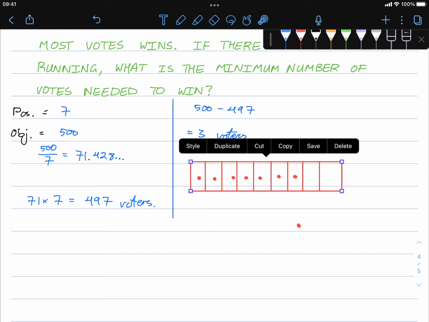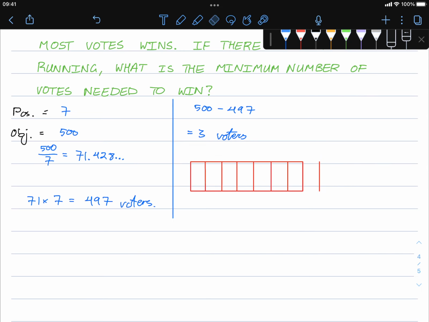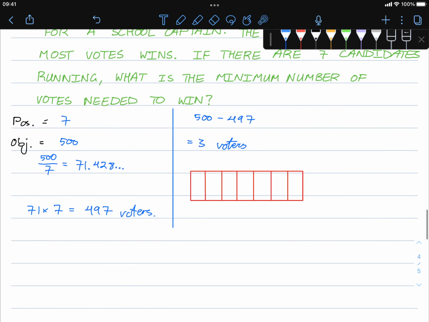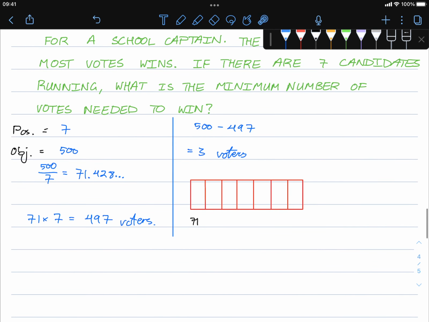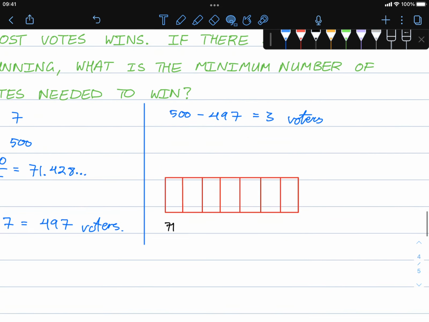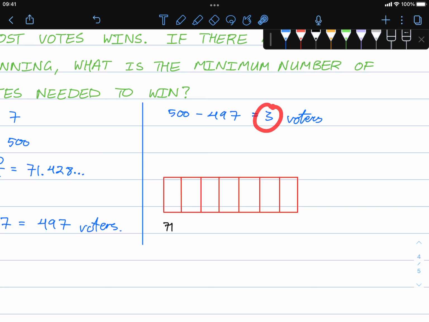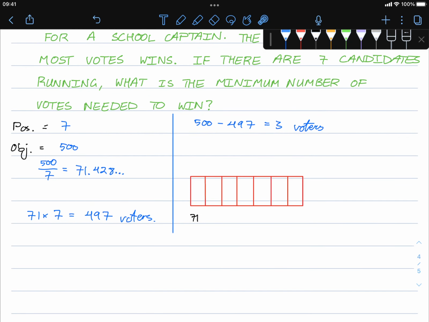So we're going to stop at this one. Let's assume that already each candidate has received 71 votes. So 71 in each of them. Okay? Each of them have already received 71 votes. Now, these 3 voters that are yet to vote, these 3 essentially decide who will win.